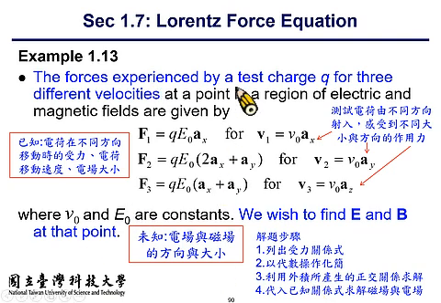The force experienced by a test charge Q for 3 different velocities at a given point, in a region of electric and magnetic field, is given below. In this case, we do not know the direction and magnitude of the electric and magnetic force. However, we complete 3 tests.